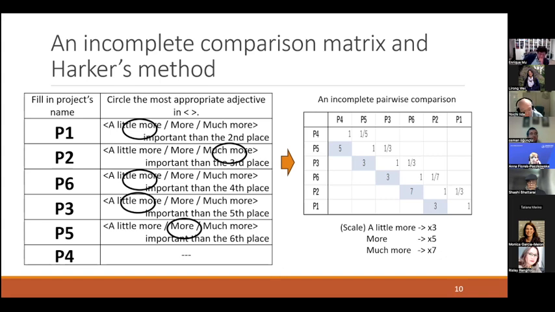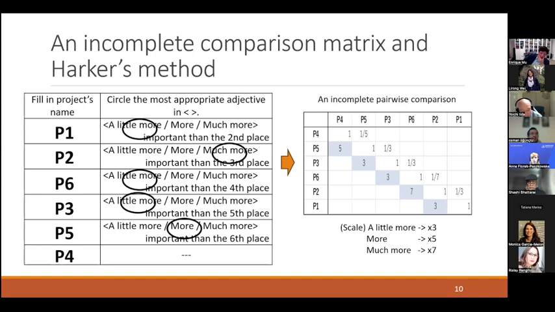Specifically, a pairwise comparison matrix is created based on the questionnaire results. The questionnaire makes this incomplete pairwise comparison table, and this results in an incomplete pairwise comparison matrix. Using the Harker method, weights are then calculated.